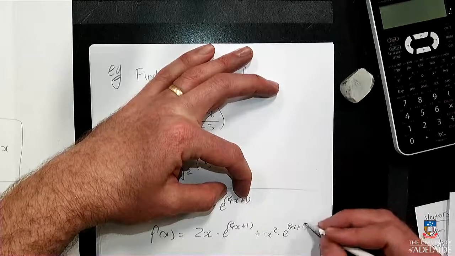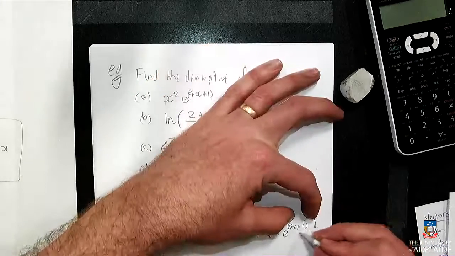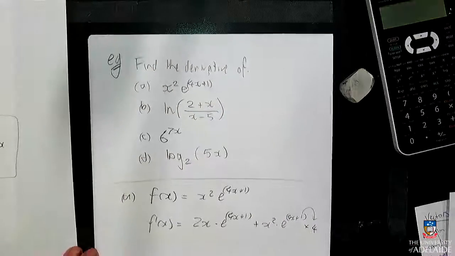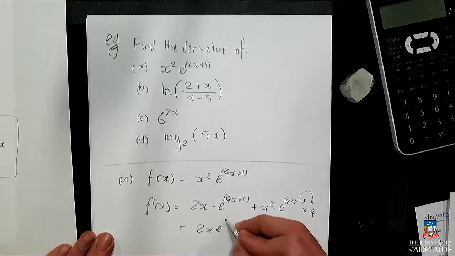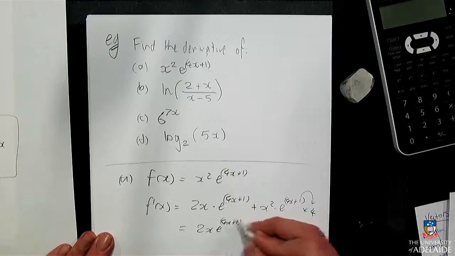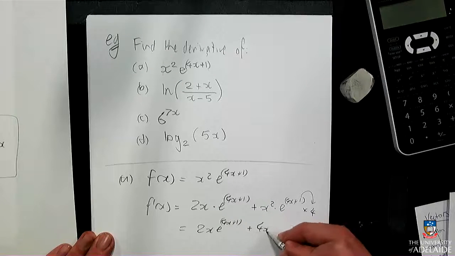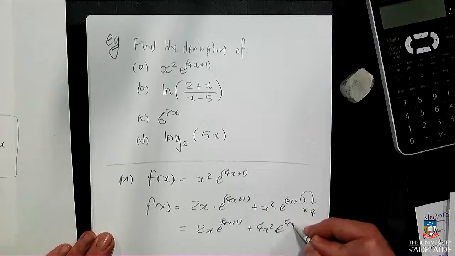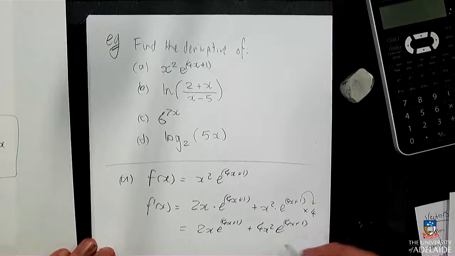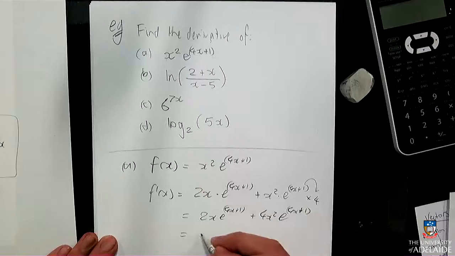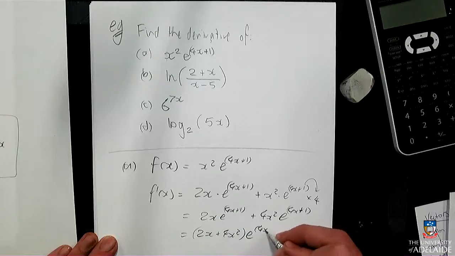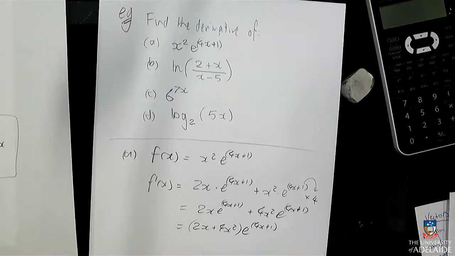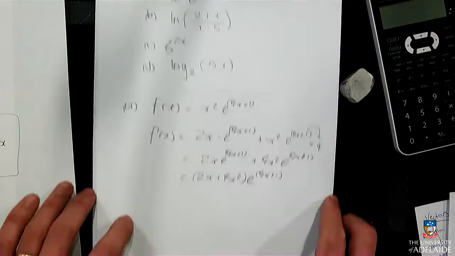But then because of the chain rule, I'll have to multiply by the derivative of that, which is 4. And so I get 2x e to the 4x plus 1 plus 4x squared e to the 4x plus 1, which we can totally just write like this if we really wanted. They've both got an e to the 4x plus 1, and it's tradition to bring them together. Okay?